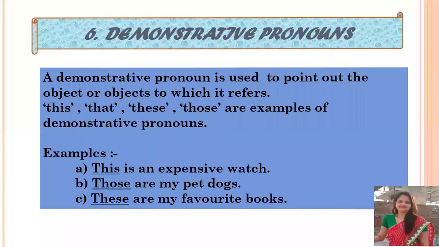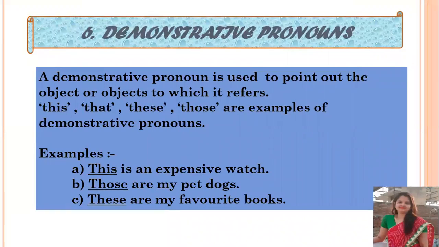Now, your next is demonstrative pronoun. Here, demonstrative pronouns are used to point out the objects to which they refer. Suppose, for example, this is an expensive watch. Those are my pet dogs. These are my favorite books. Or you may also say that that is a picturesque hill.